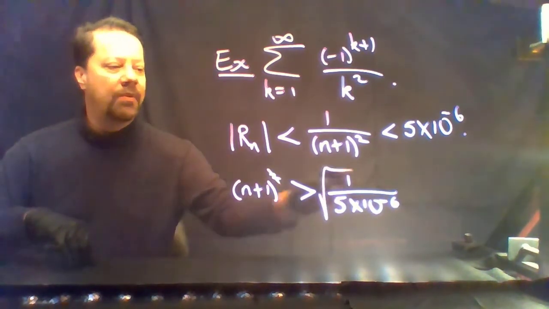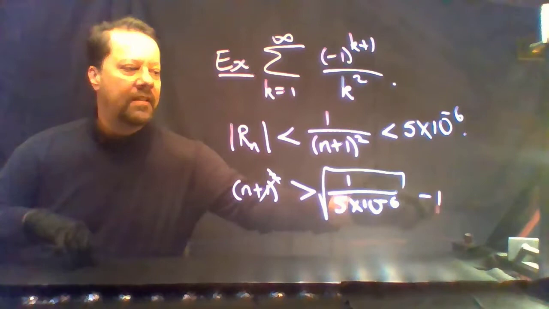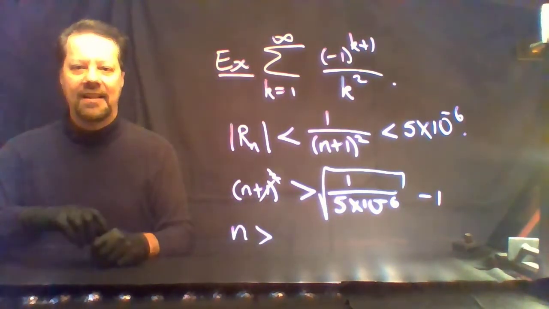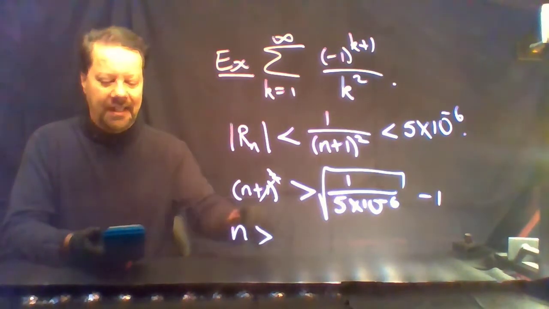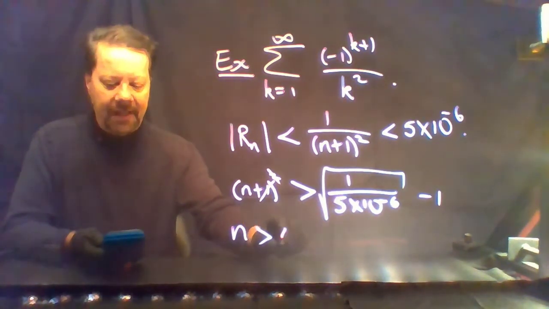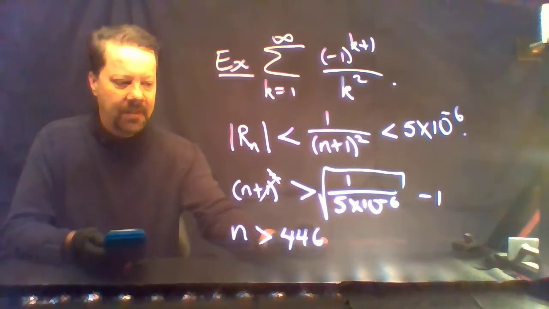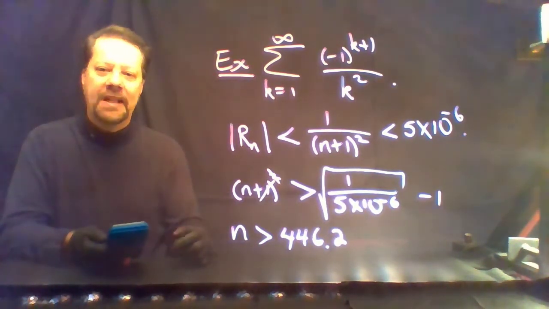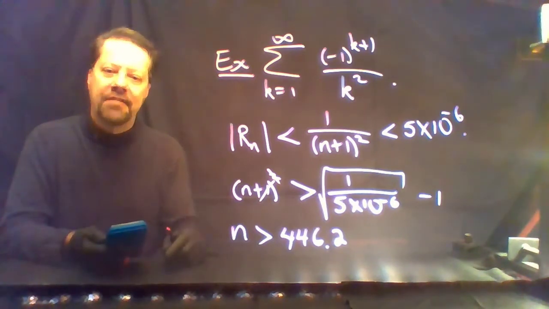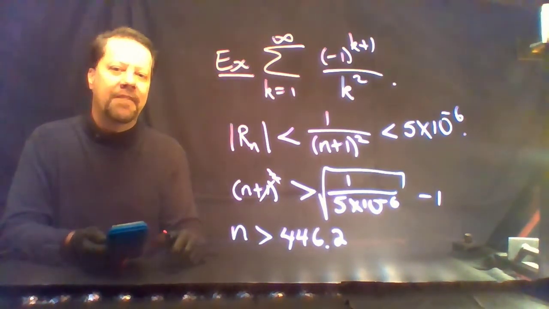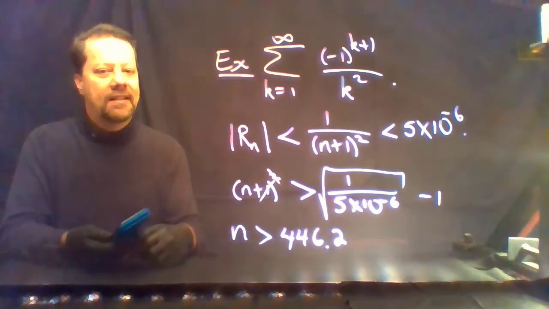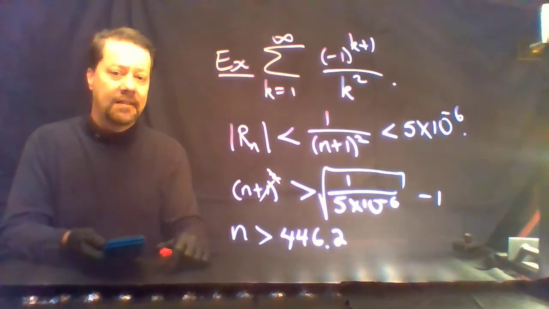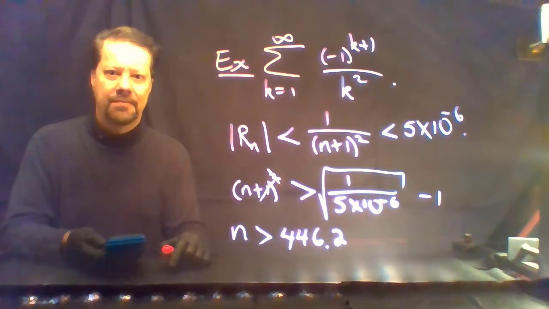We'll take a square root and subtract 1. And n, according to my calculator, has to be greater than 446.2. In other words, we need to go out to 447 terms in order to obtain 5 decimal place accuracy. Now, while that's still a lot of terms, that's a far sight fewer than almost 200,000 terms.